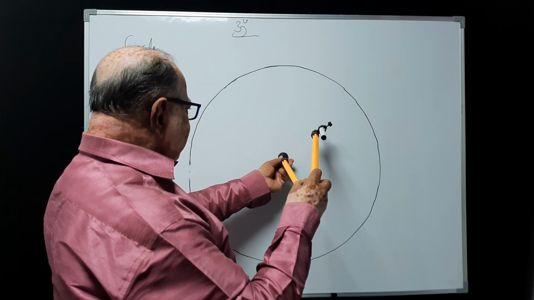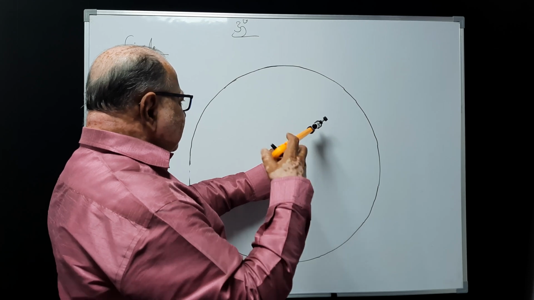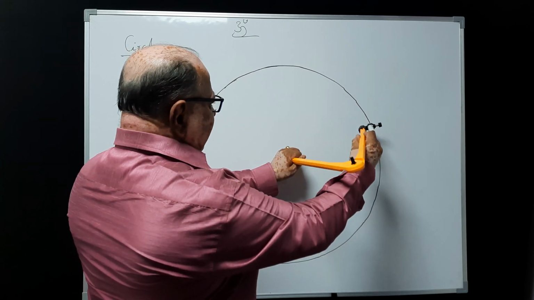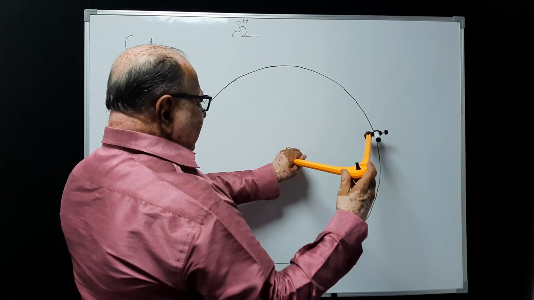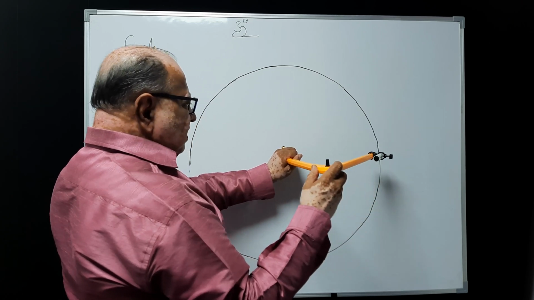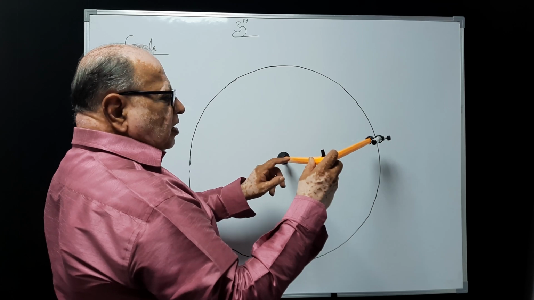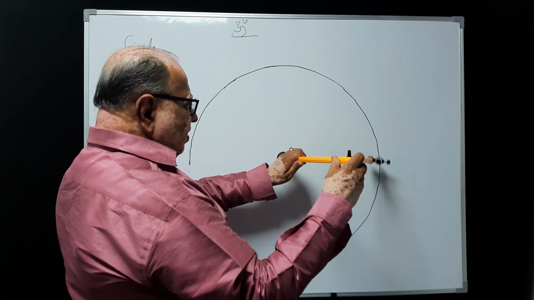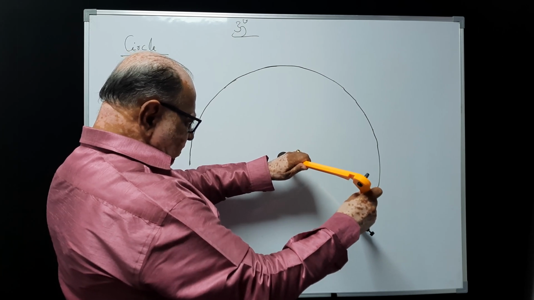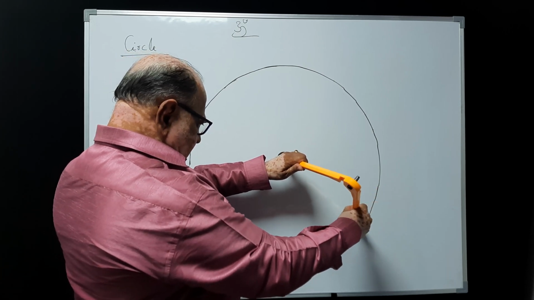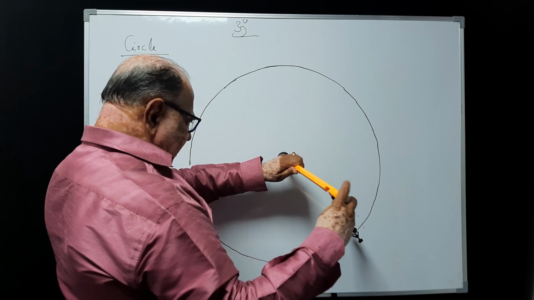circle. We take one fixed center and a specific radius of our choice. Then we use this tool called compass, which is in your instrument box. Then move the compass like this.